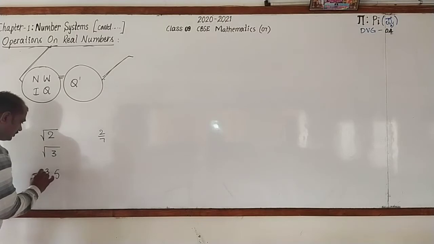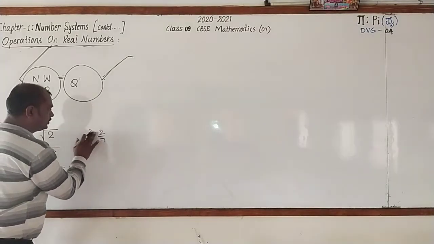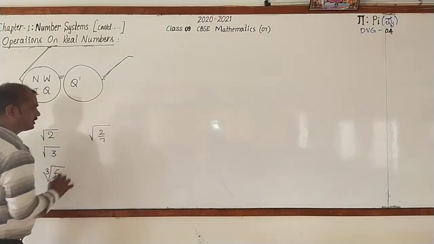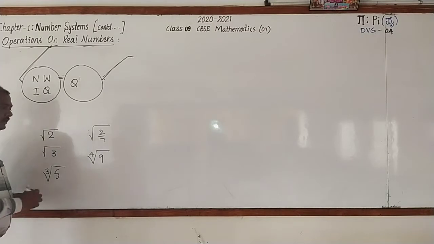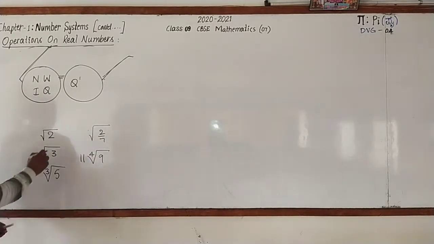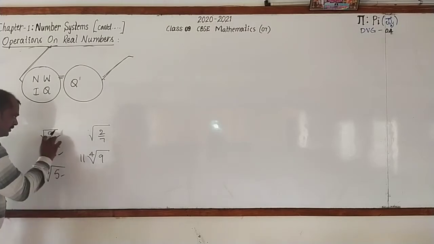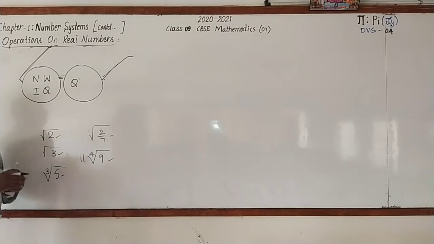No. Then cube root of 5, square root of 2 by 7, fourth root of 9, and 11 into fourth root of 9. See, these are the rational numbers 2, 3, 5, 2 by 7 and 9, which cannot be taken out from the root.